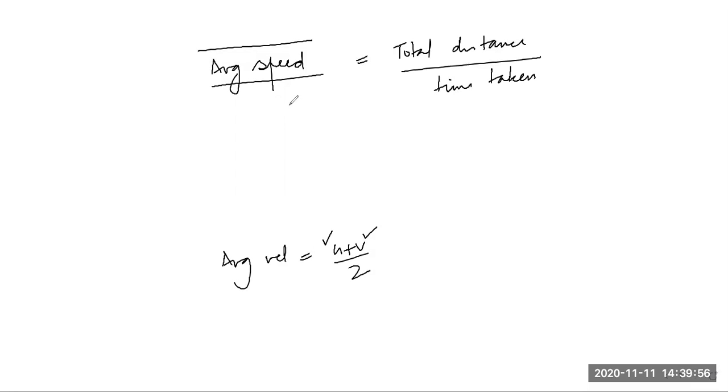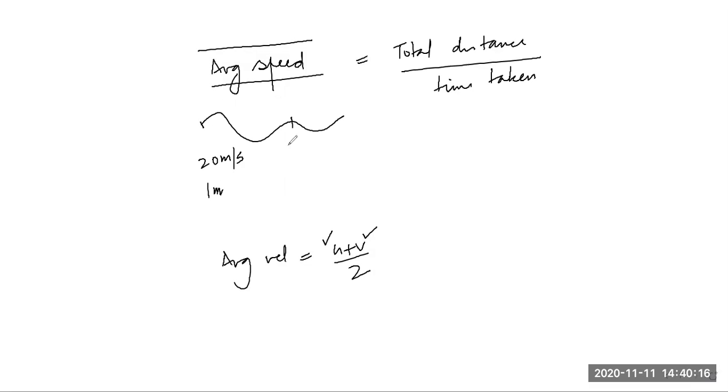Okay. Suppose a person has traveled, let us say, this much at 20 meter per second for 1 minute.